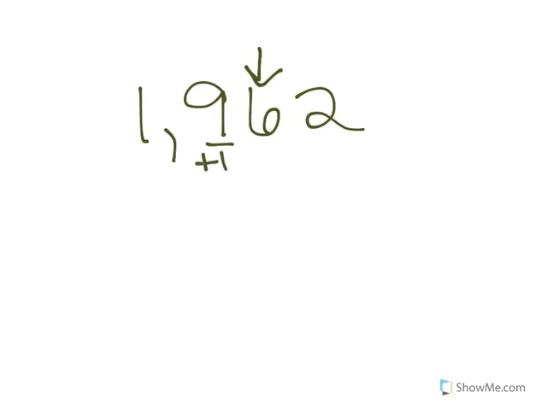So I'm going to bring down my 2 placeholders because everything to the right turns into zeros. And then if I add 1 to my 9, I get 10. So I'm going to carry to the next placeholder. 1 plus 1 gives me 2. So 2,000.